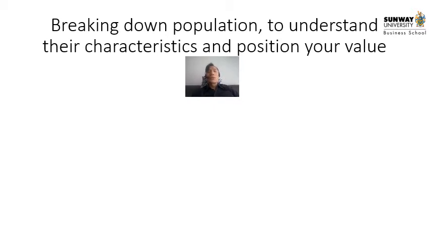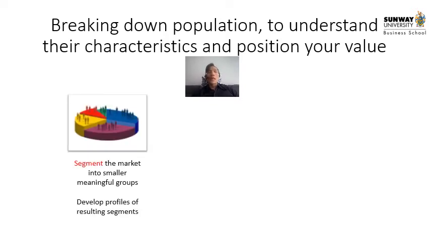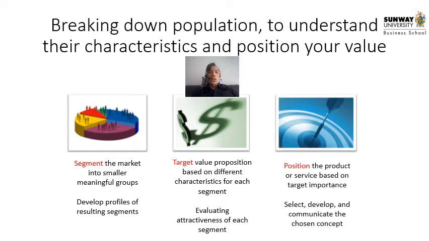Now, in order for us to do this, we have to think about understanding STP, which in marketing we call segmentation, targeting, and positioning. With segmentation, we're trying to break the market into smaller, meaningful groups and develop profiles that result in segments that we understand. Once we find out what these segments are, we have to recognize what makes these segments valuable in terms of targeting, the characteristics that make these segments very attractive to the company.